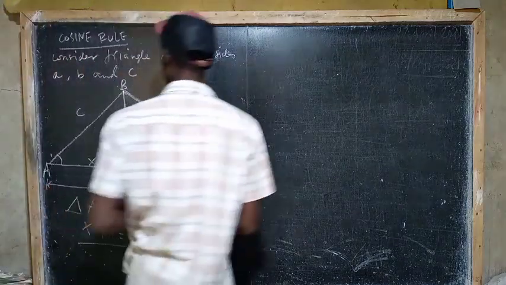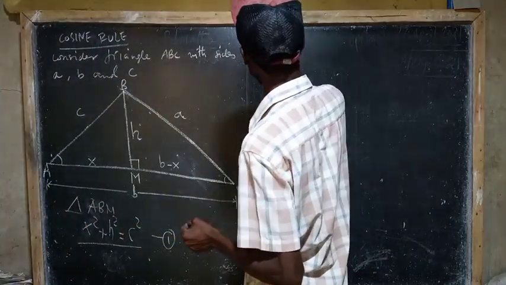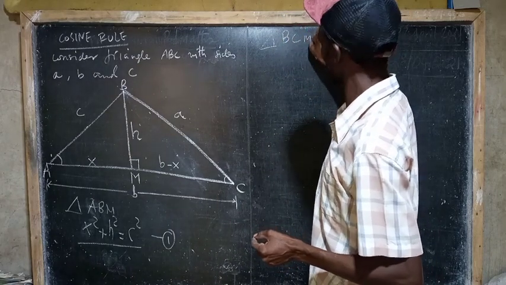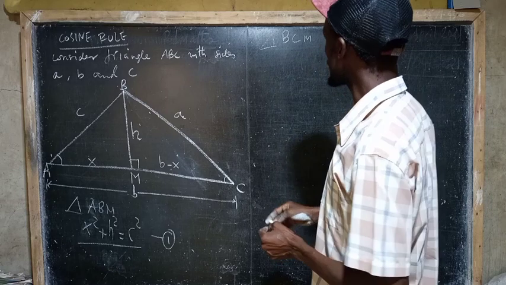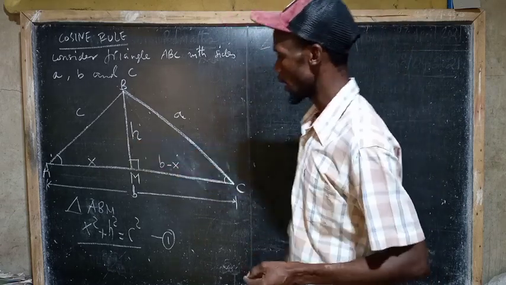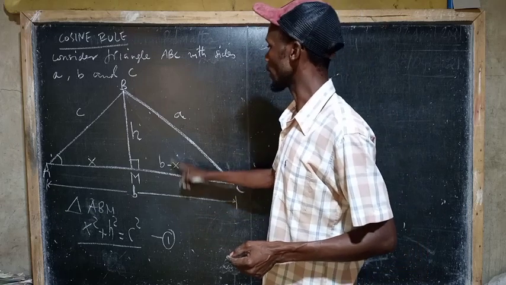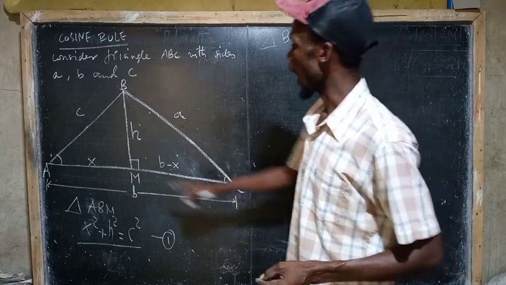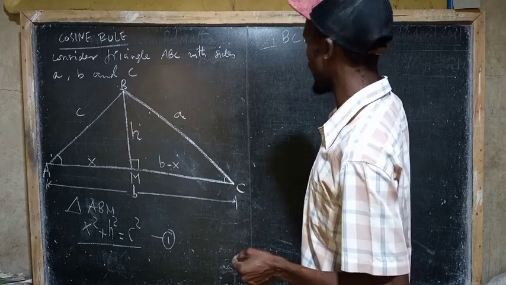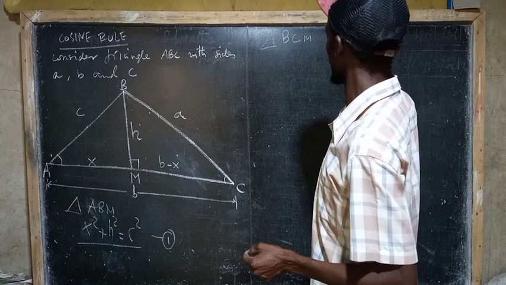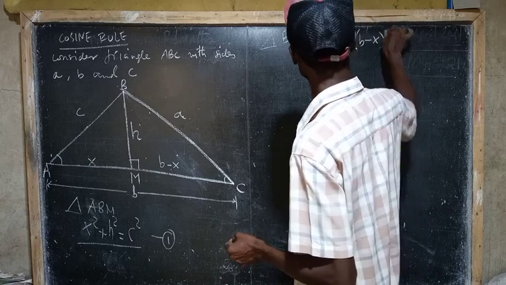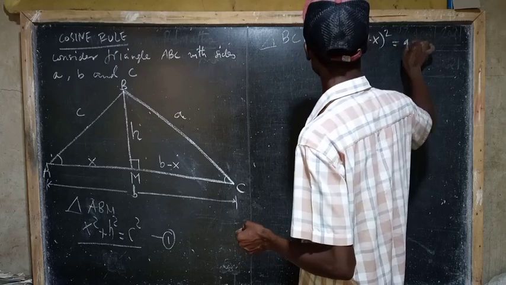Now the second thing, let us consider triangle BCM. By using Pythagoras' theorem, this side squared plus this side squared is equal to this one. So the adjacent and the opposite, that is H squared plus B minus X, squared, is equal to A squared.